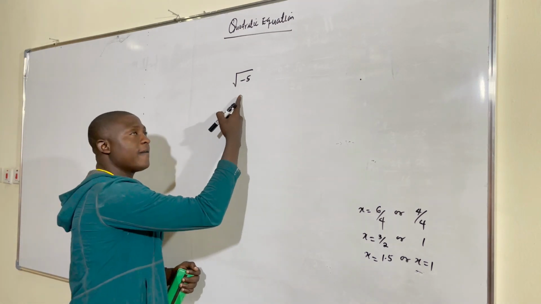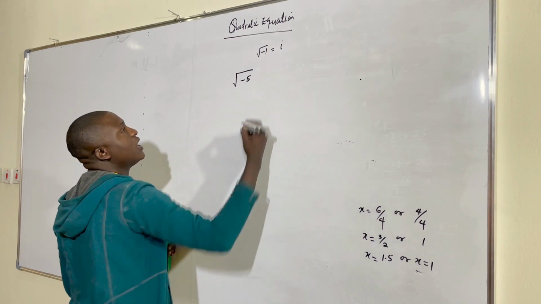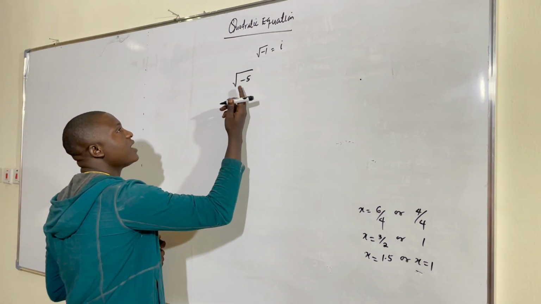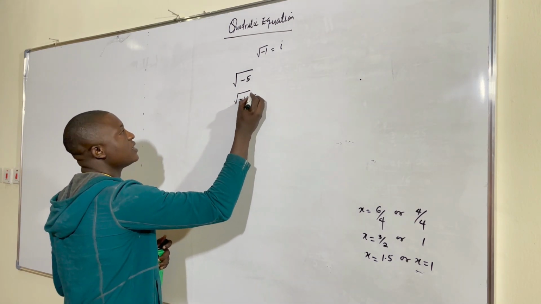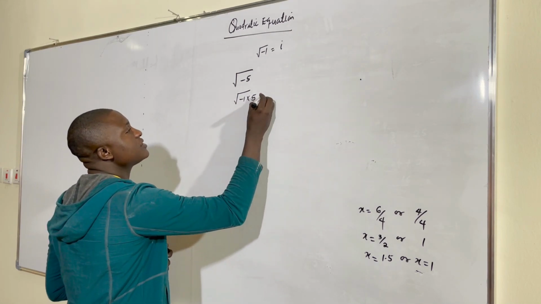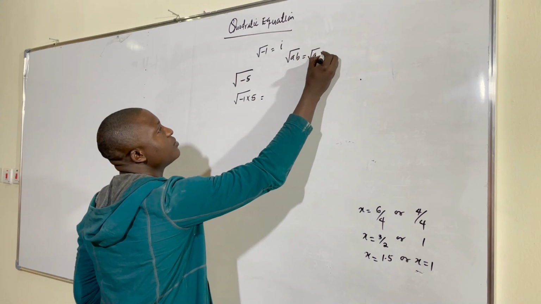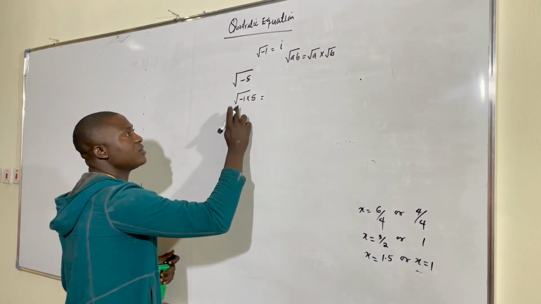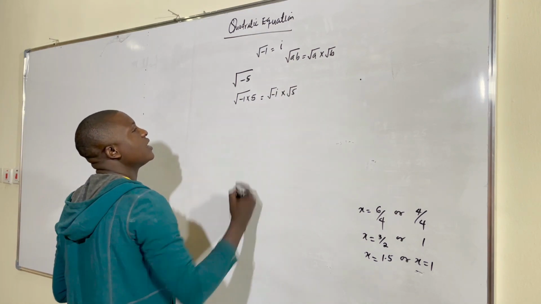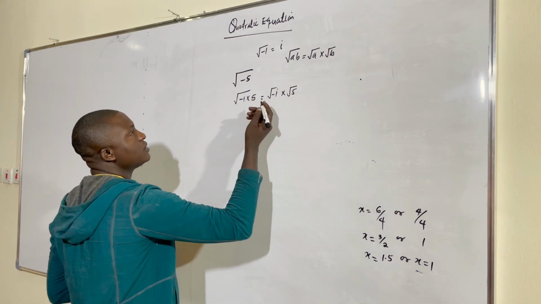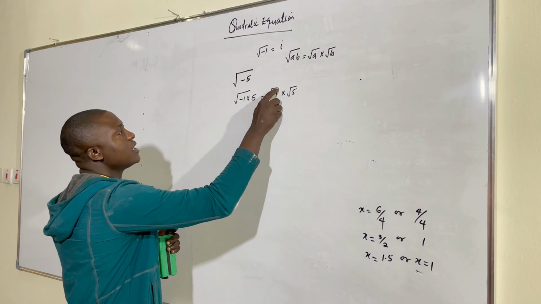But we can make use of complex numbers. In complex numbers, if I have square root of minus 1, it's called i, or j in some cases. So here now I can write this one as square root of minus 1 times 5. By splitting these two numbers, it's like if I have square root of AB, we can rewrite it as square root of A multiplied by square root of B. Then I can just break this one down as square root of minus 1 times square root of 5.